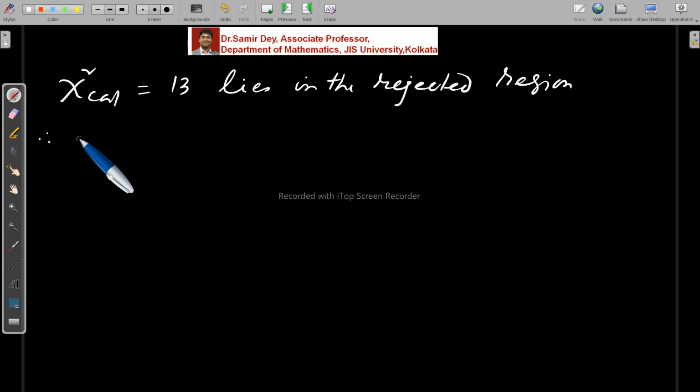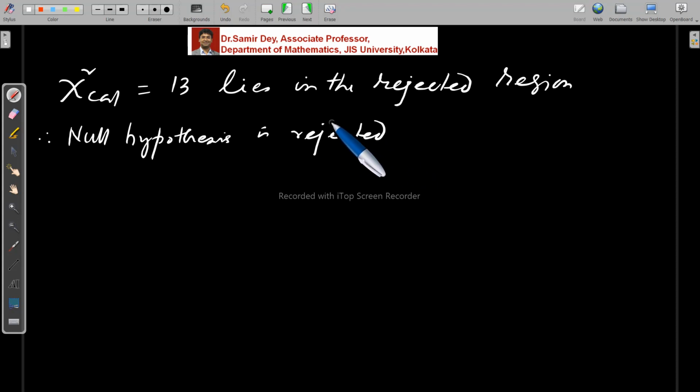So therefore if chi square cal is big, automatically the value is in the rejected region, it is obvious. If chi square cal is less, then it is in the accepted region. Okay, please remember. So you write down, therefore null hypothesis is rejected.